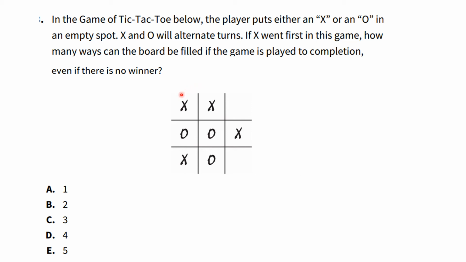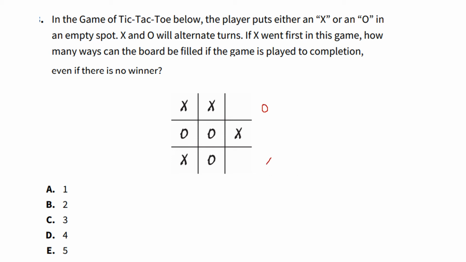So, let's say we started with X. Let's say this was the start. He started with X, and then there was an O, and then an X, and then there was an O. And let's say this was an X, and then an O, and X. So now it's the turn for an O. So an O can be played here, so X will be here.